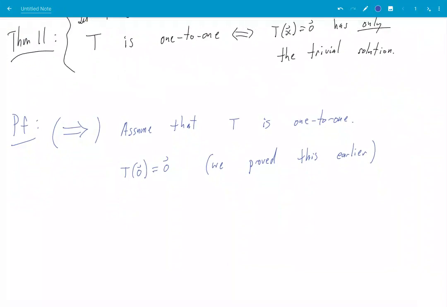And we'll say T of x equals 0 has at most one solution, since T is 1 to 1.